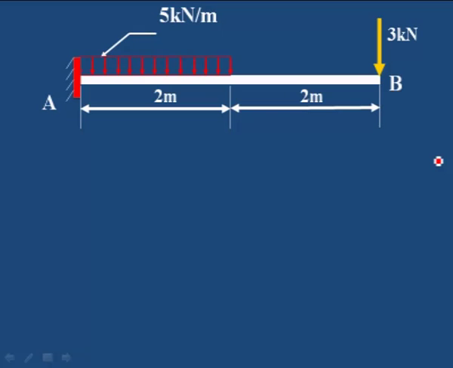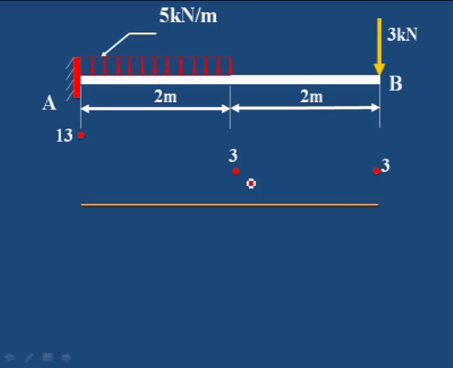Okay, now we will draw the shear force diagram. First you draw the horizontal line. Then what is the value? Without seeing the value itself, we can calculate it here. 3 kilonewton is the shear force at this point, and since a vertical point load is acting, there should be a vertical line here, 3 kilonewton.